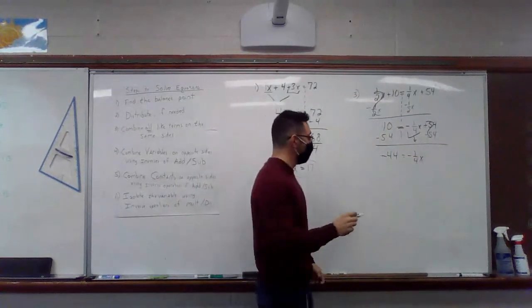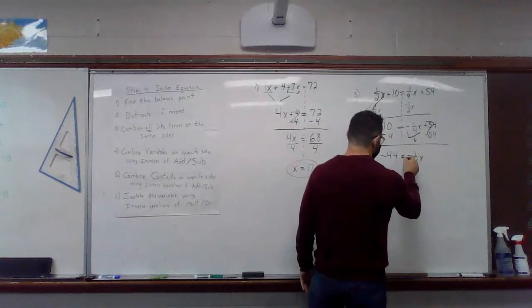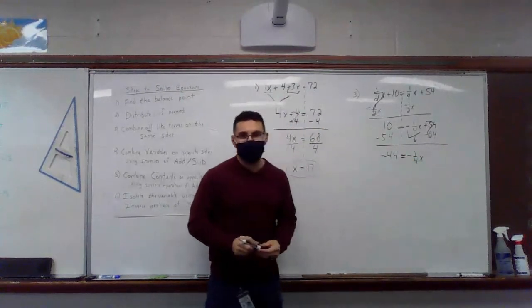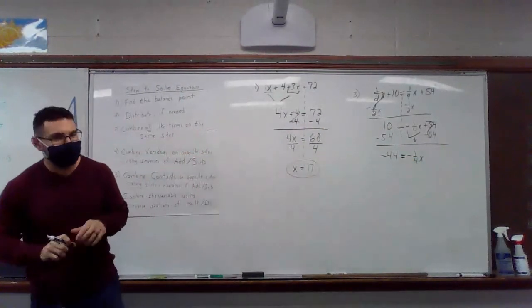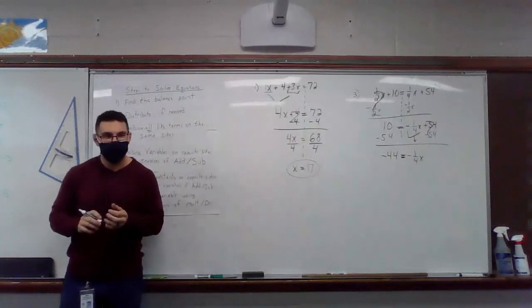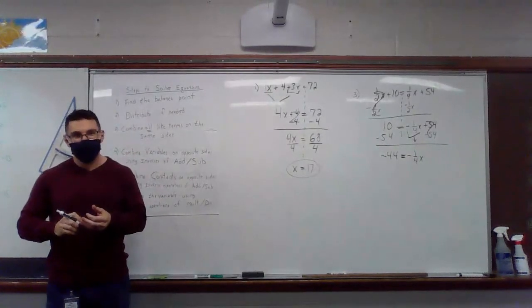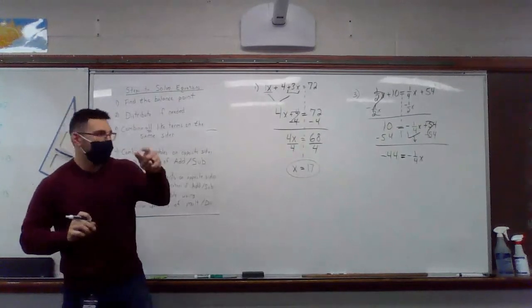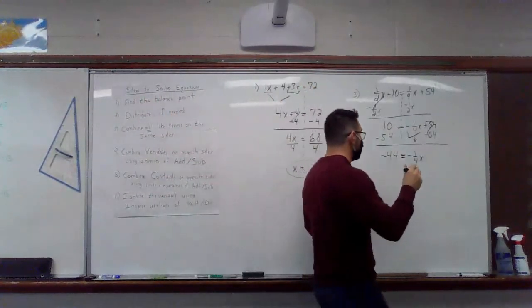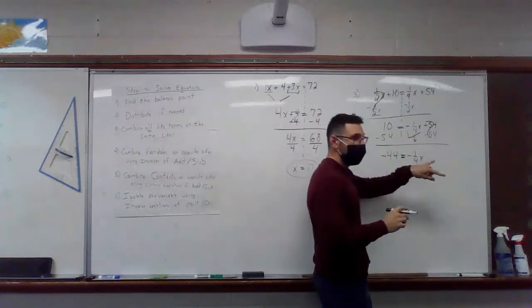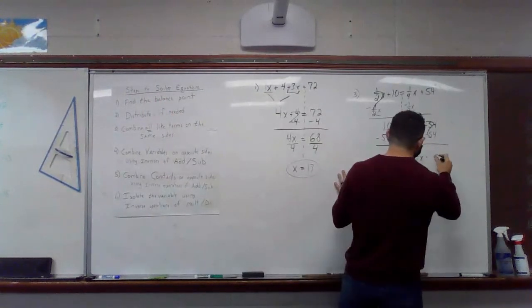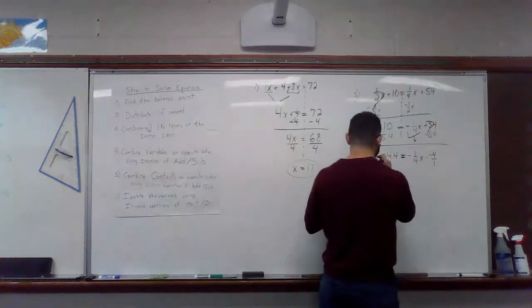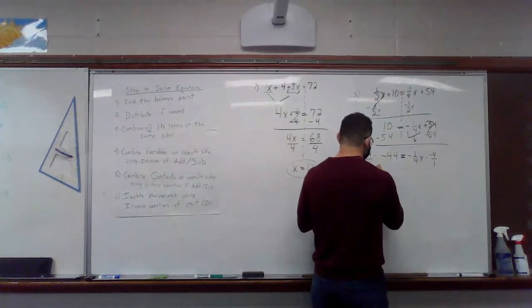Hey, this is like our warm-up. I've got a fraction. What did we say we had to do to isolate that variable when there's a fraction? Multiply by the reciprocal. The reciprocal is it flipped over, which is -4/1. That is the multiplicative inverse property.